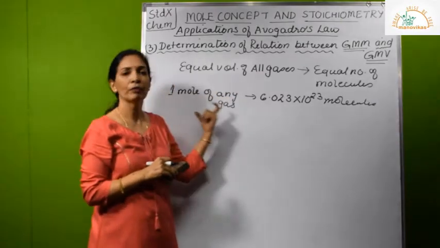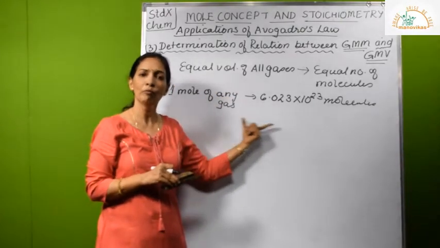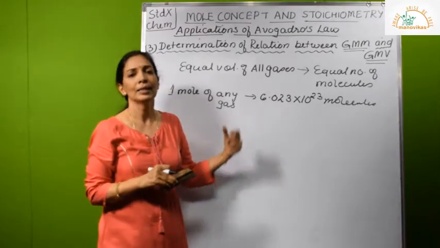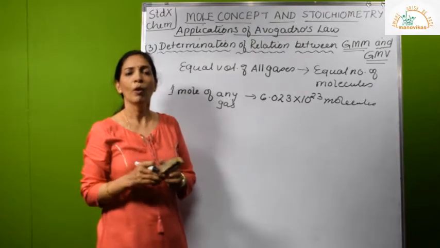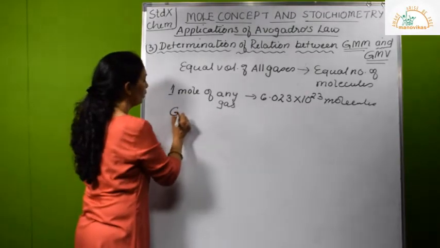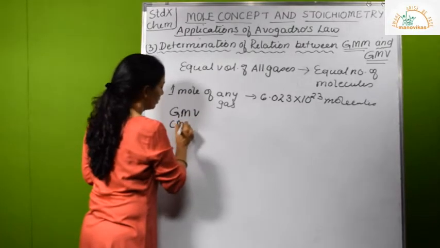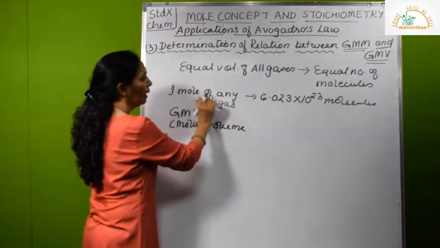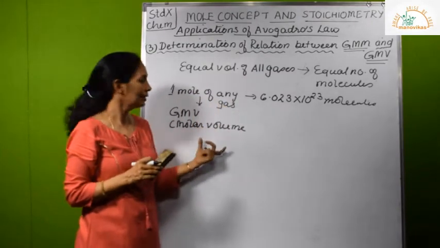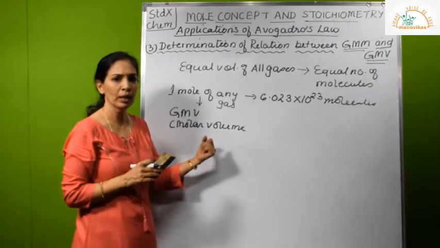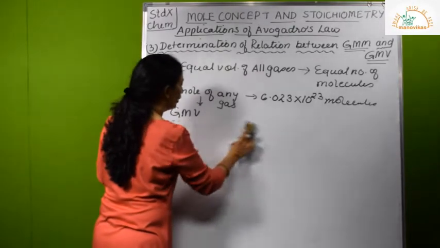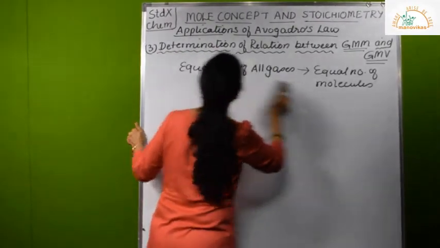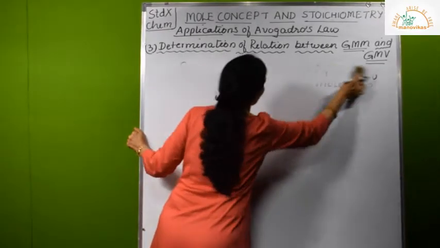So 1 mole of any gas will occupy the same volume at STP or similar conditions of temperature and pressure, and this is known as gram molecular volume or molar volume. So what is gram molecular volume again? That is the volume occupied by 1 mole of any gas at STP. And that you all know is 22.4 decimeter cube or 22,400 centimeter cube. So let us see how we can get that.